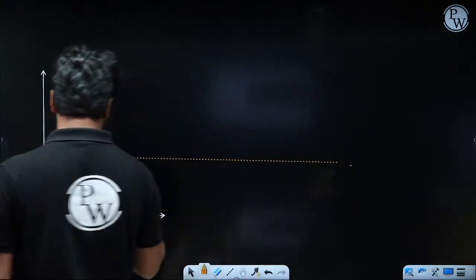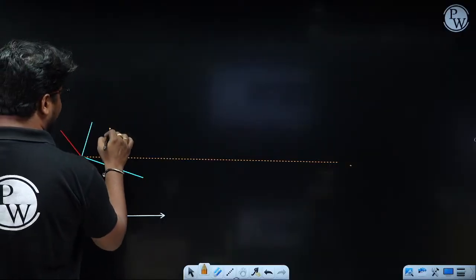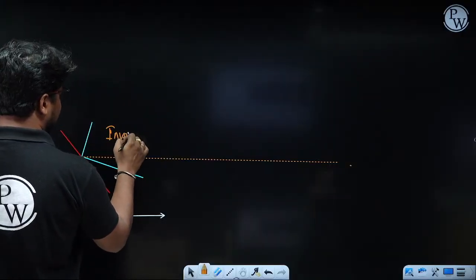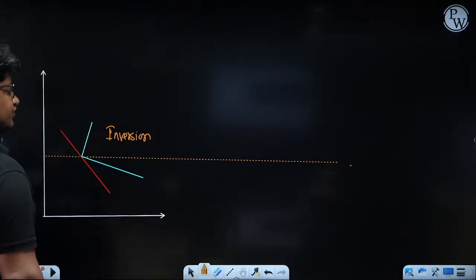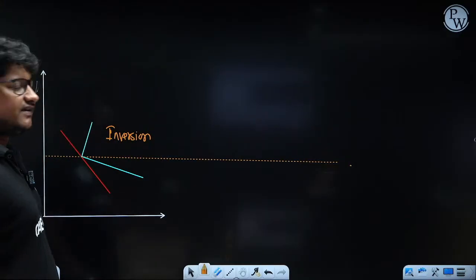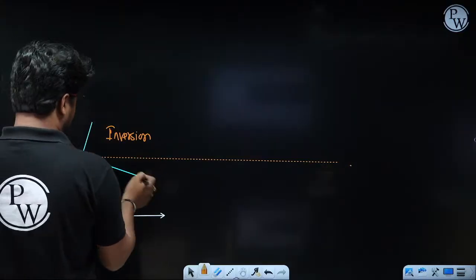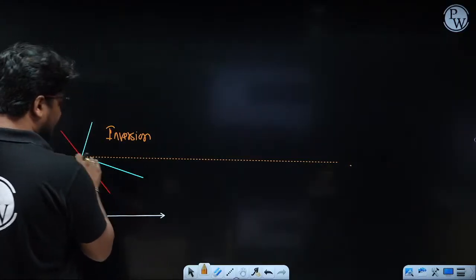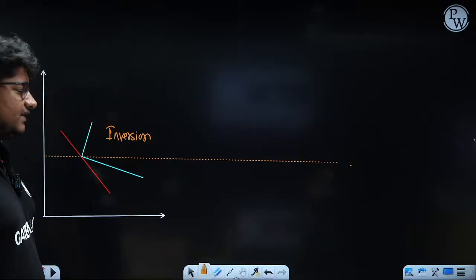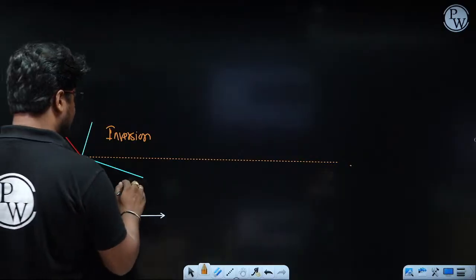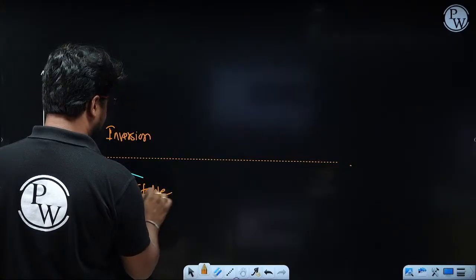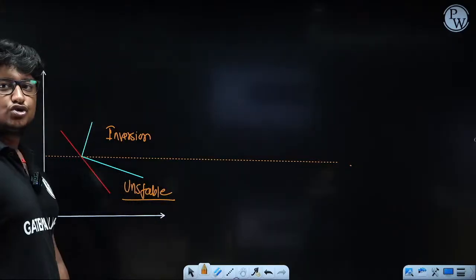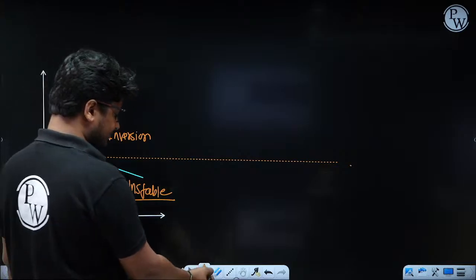In the upper region you will have an inversion condition, because your ELR and ALR are completely opposite. You are getting a negative ELR here. And here is a case where your ELR has a greater value compared to ALR. So this case is unstable, or you can also call it a super adiabatic condition.